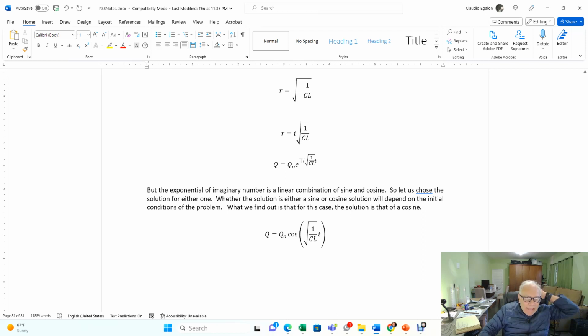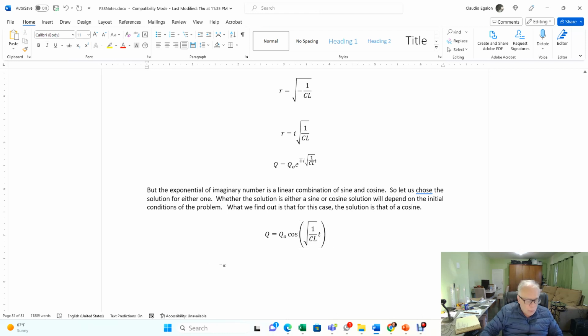And now my tau term is going to be the square root of 1 divided by CL. My tau term is going to be that. The square root of 1 divided by CL has the unit of the square root of time, of seconds. Okay.